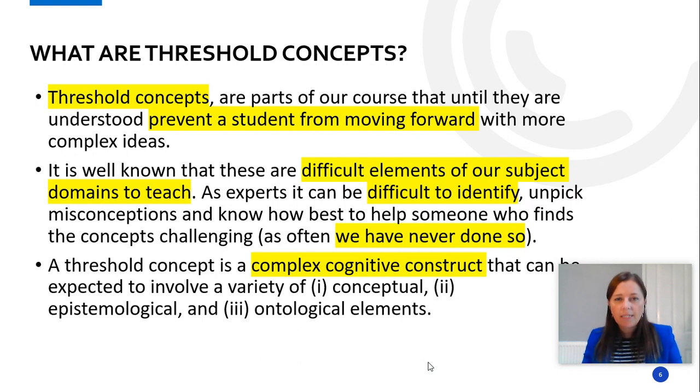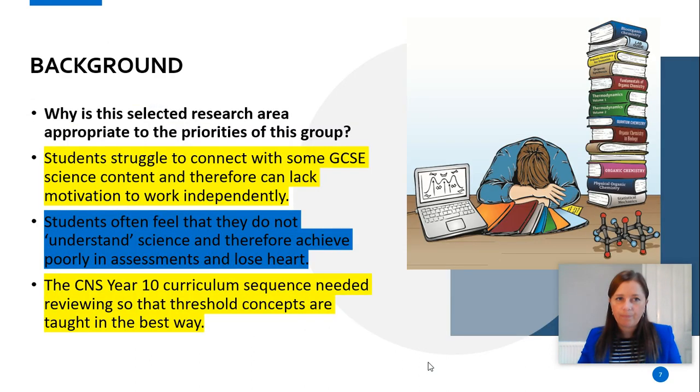So they're difficult to identify to start with because where do students get stuck, which means they can't progress? And then, as complex concepts, which they often are, they rely on the conceptual, the epistemological, and the ontological experiences of our learning. The structure of learning to be able to transition between ontological to conceptual and theoretical understanding is really crucial to this research and this project.